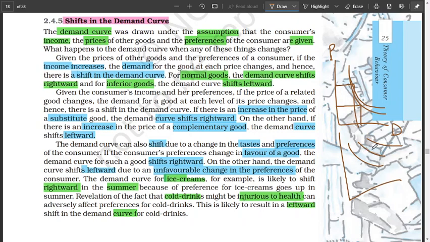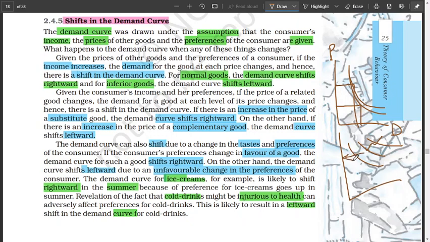If you have more income, you don't consume inferior goods anymore, you go for normal goods. So if there is an increase in income, you would demand more normal goods. That's why we have a shift in the demand curve from the left to the right. Whereas if you have more income, your demand for inferior goods will shift to the left.